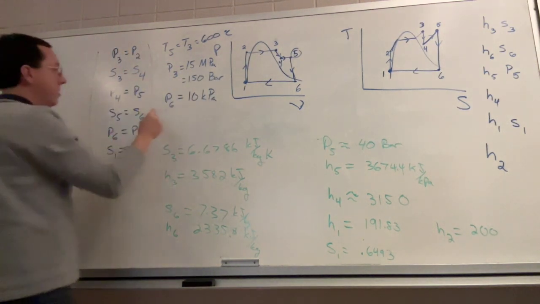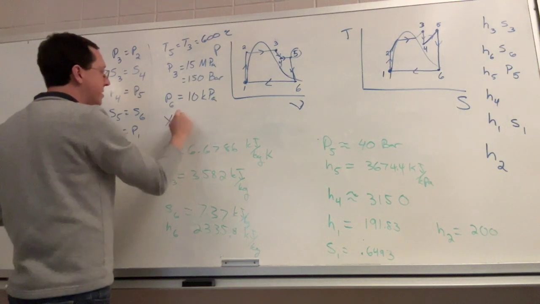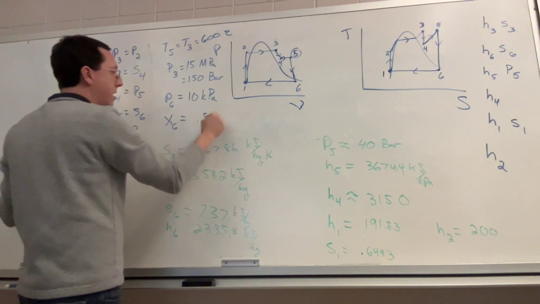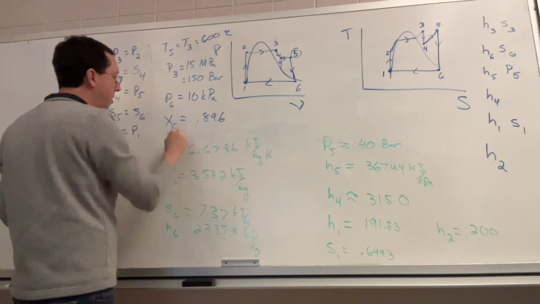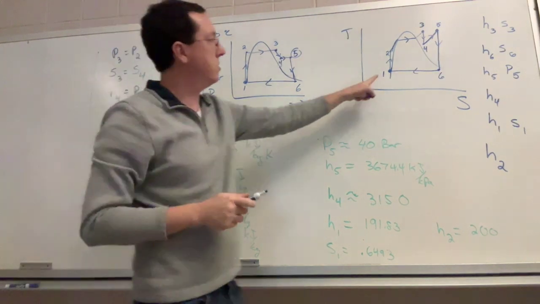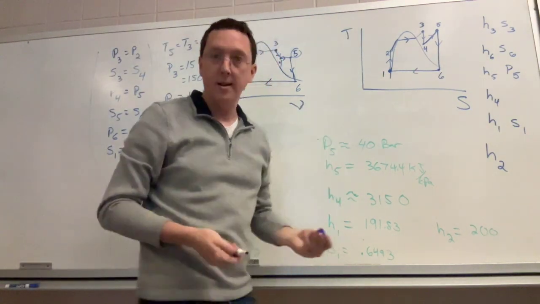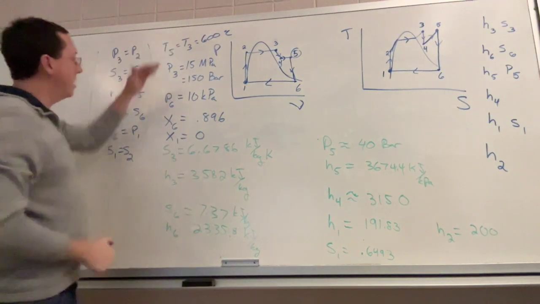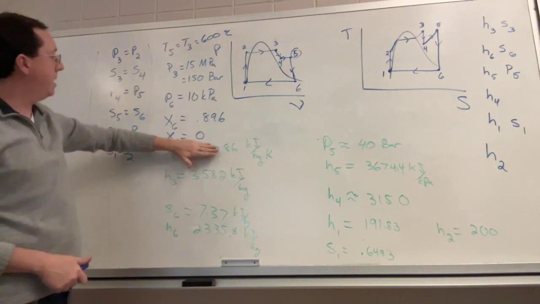And I know the quality at 6 is 0.896 and the quality at 1 is 0 because I'm going to assume it's saturated liquid.